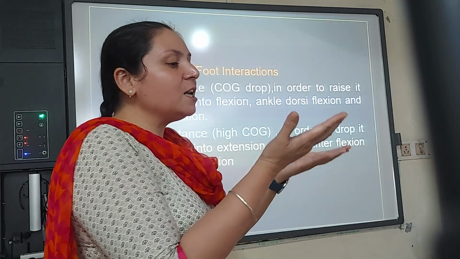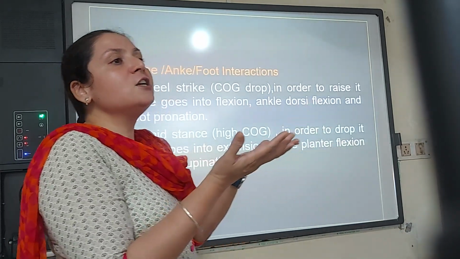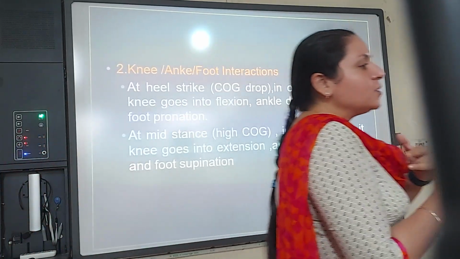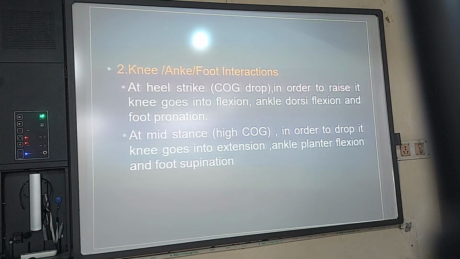That is, we basically play with the COG. The first interaction was pelvic drop, which our body was doing to bring the center of gravity to a normal average level. The second change was at the knee, ankle and foot. We call it knee, ankle, foot interaction.